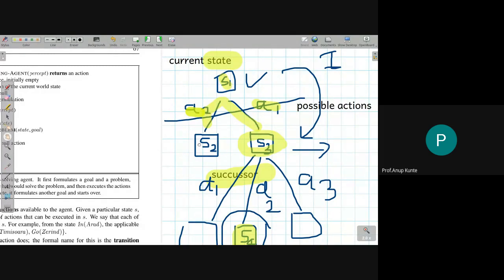Now, how every algorithm evaluates and computes the path cost differs. But there has to be some mechanism to know the path cost. Whenever I say path cost, I'm actually referring to the path, not a single hop. That you need to remember.